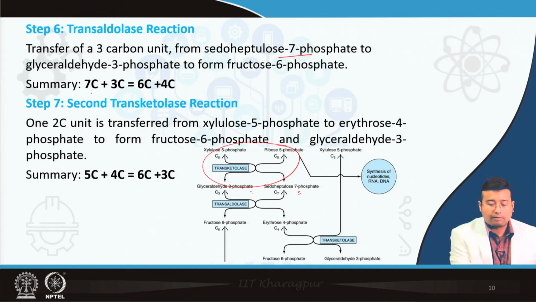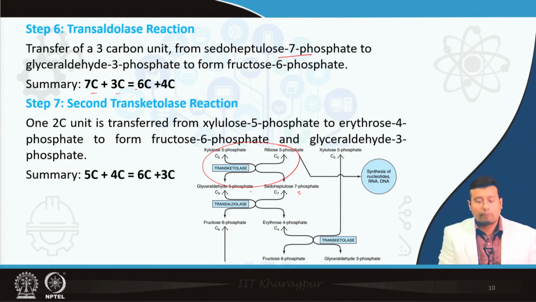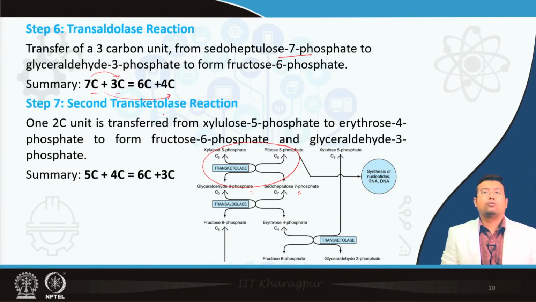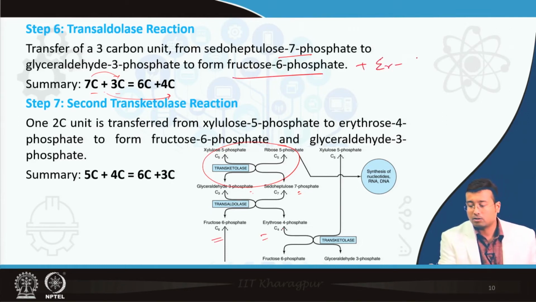So, now 7 plus 3 becomes 4 plus 6. So, 3 from here is getting added to this 3, it becomes 6, and 3 is removed from 7, it becomes 4. So, what are the resultant compounds? They are fructose 6-phosphate and erythrose 4-phosphate. So, this is fructose 6-phosphate and erythrose 4-phosphate.